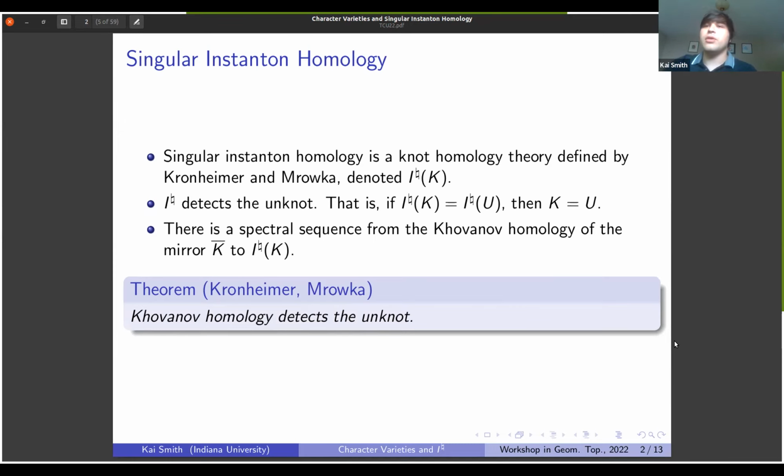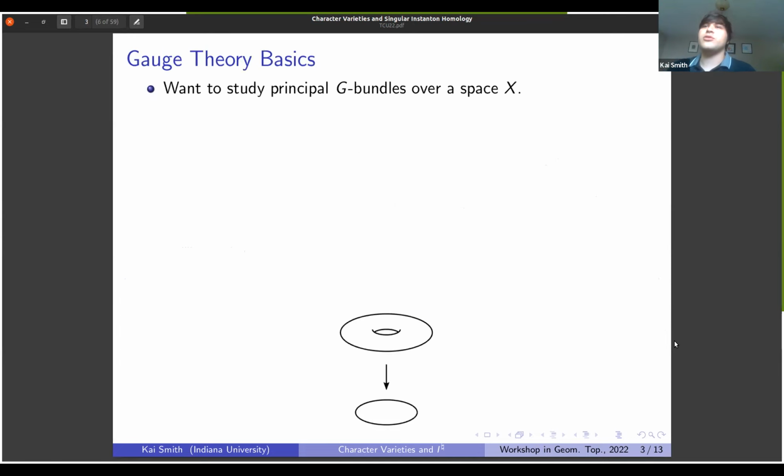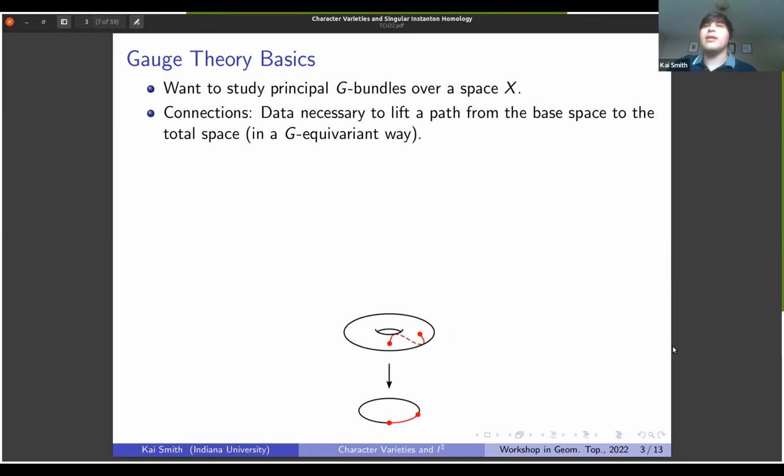So I'm going to go through the construction, and I'll start with some of the basics of gauge theory, which is how instanton homology is defined. So in gauge theory, you want to study principal G bundles over a space X. So I have this little schematic of a circle bundle over a circle. And to do that, one way to study bundles is using connections.